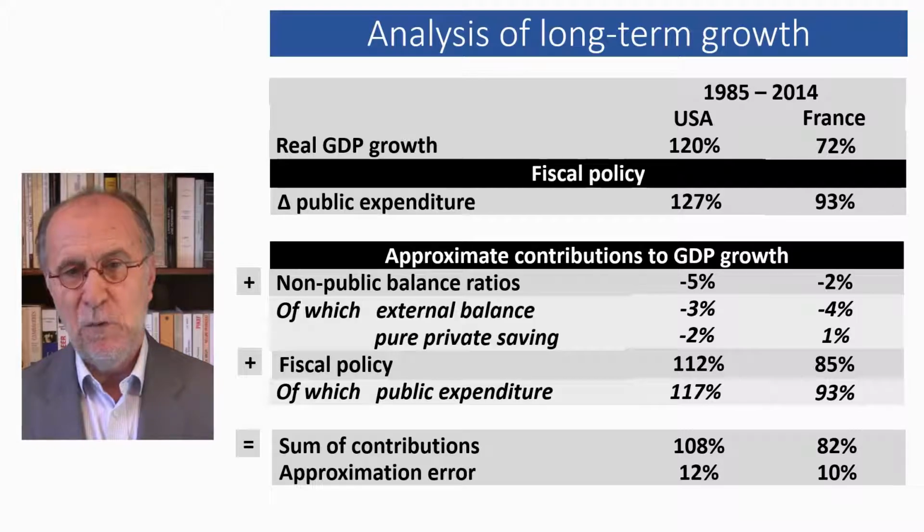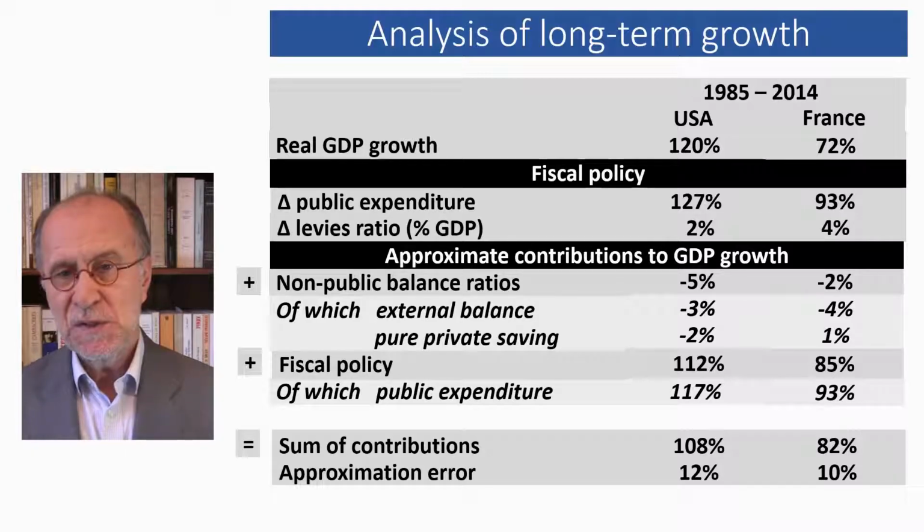Note, by the way, that public levies in the USA increased slightly less than in France, which goes some way to explaining why growth was stronger in the US, and the increase in public levies there had a smaller negative impact on growth.